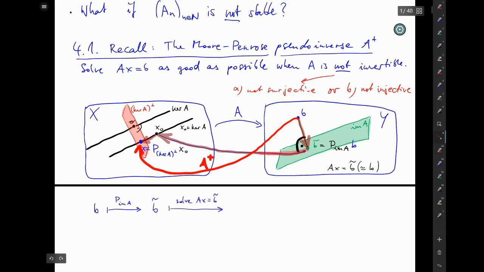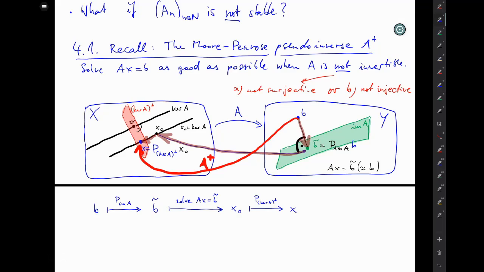From there, you're looking for a solution x0 that is turned into B tilde by applying the operator A. And then comes the orthogonal projection in X onto the orthogonal complement of the kernel, and that gives you the final solution X of your least squares problem.